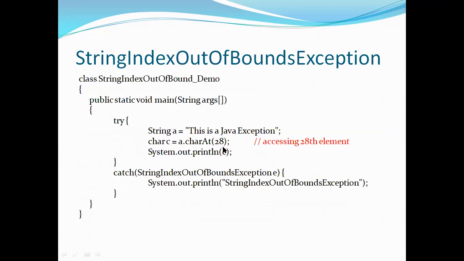If it is not an exception, it will print the character at the 28th location as c. But if it is an exception, then it will be handled by the catch block and it will mention what class of exception it is, StringIndexOutOfBoundsException e, and it is printing some statement here. So this is another kind of built-in exception.